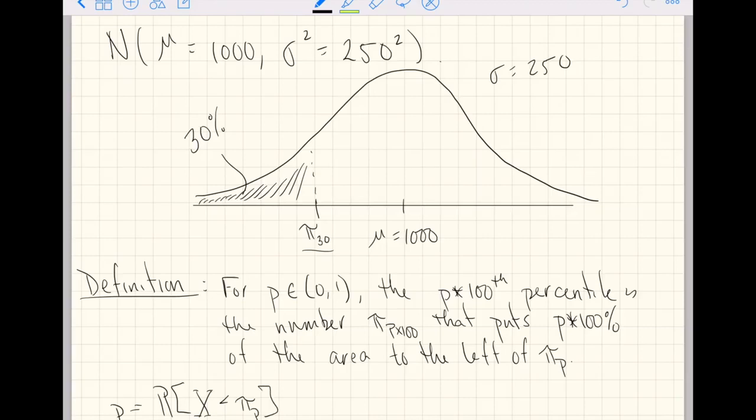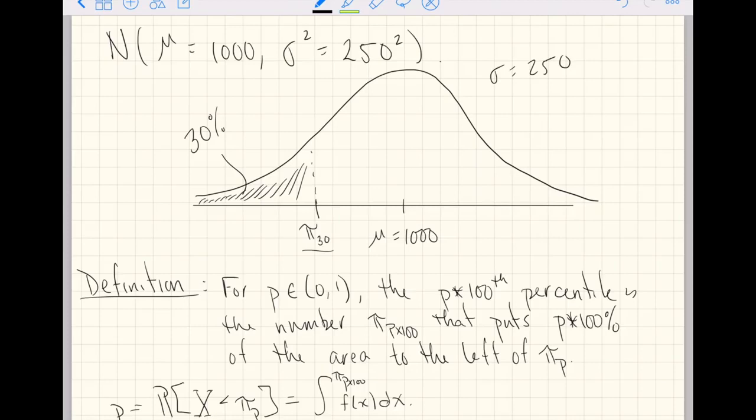If you wanted to think of that as an integral under this continuous distribution, you could say we're going to integrate from all the way off to the left up to the value pi sub p times 100. That puts area under the density function f up to that point, pi subscript p times 100, equal to the value p of interest.